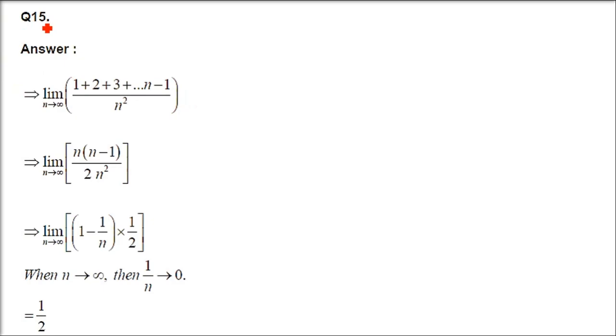Now coming to question number 15. Question number 15 is saying, see, there is some trick here. If I show you the question, how do we reach here? It's just a trick. See, limit n tends to infinity of 1 by n square plus 2 by n square plus 3 by n square plus dot dot dot, and you have (n minus 1) by n square.